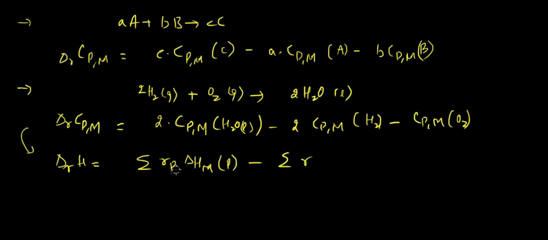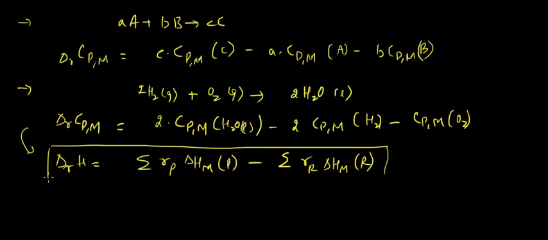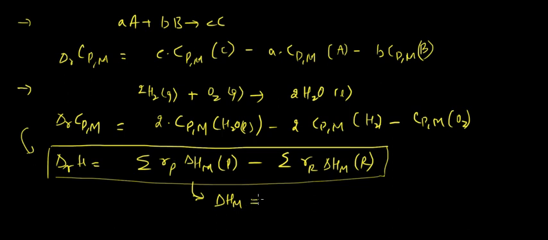This is nu_P, not nu_R. So it is the summation of the stoichiometric coefficient times the molar enthalpy of products minus the summation of the stoichiometric coefficient of reactants times the molar enthalpy of reactants. Delta H_m is molar enthalpy.